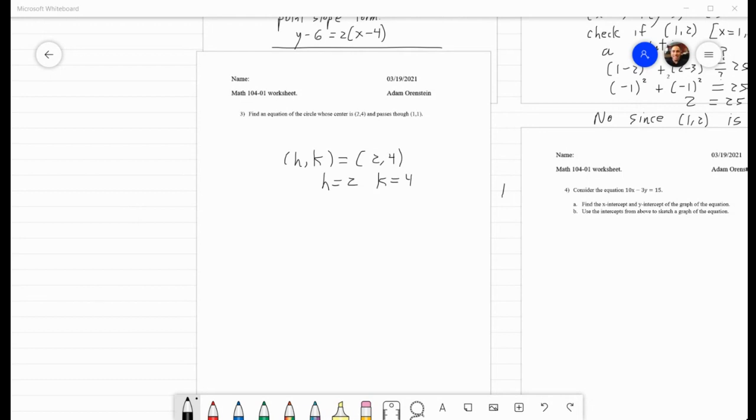But the problem is we don't know the radius, and the radius would be the distance between the two points. Okay. So let me just stop this.